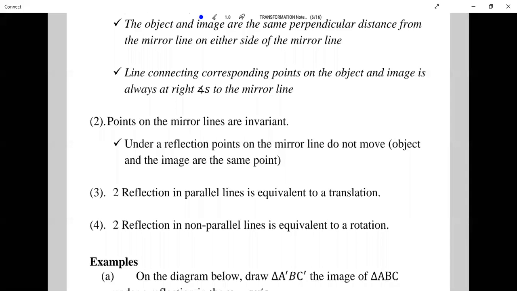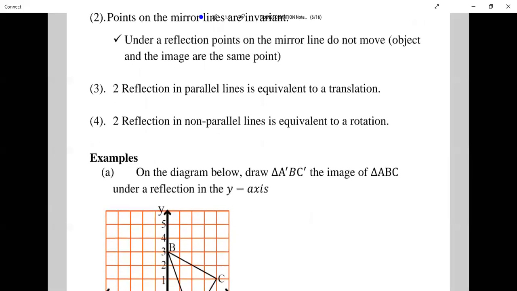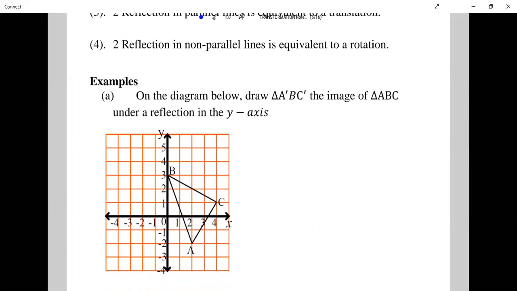All right, so let's move on to an example. I'm guessing this is probably example 4.